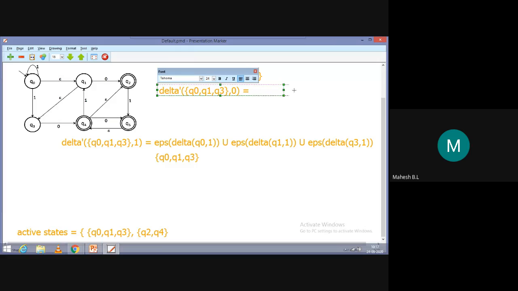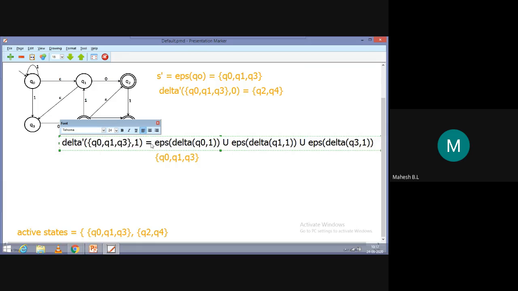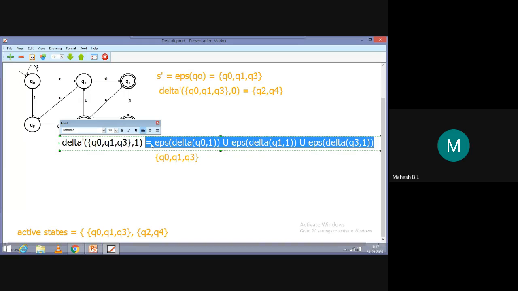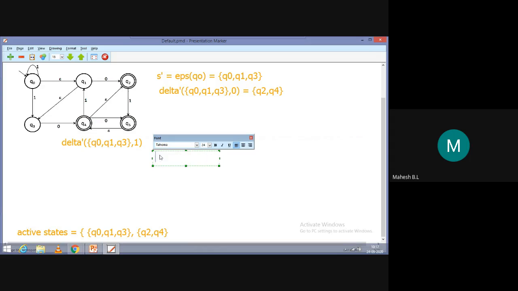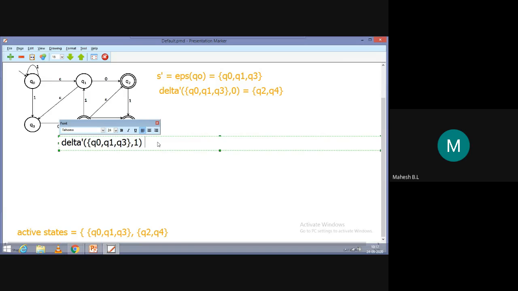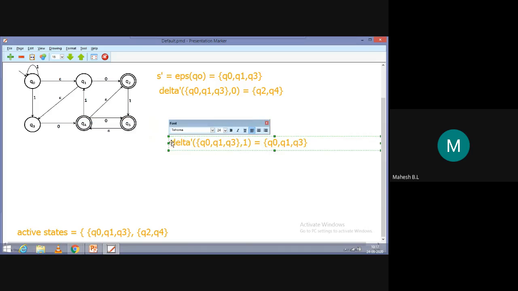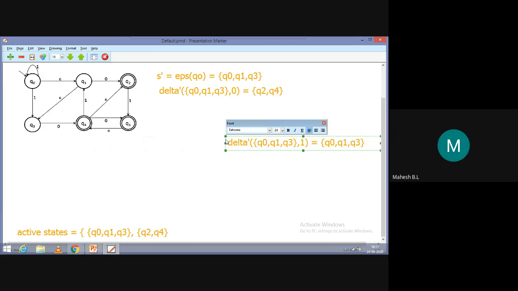Then here also, delta dash of q0, q1, q3 on 1 is equal to this. I'm going to keep only that part. The computation part I'll discard because I don't have sufficient space here.